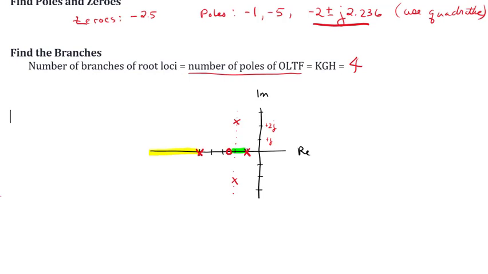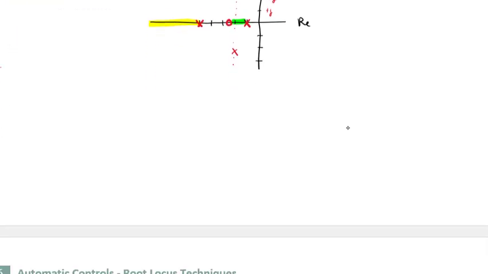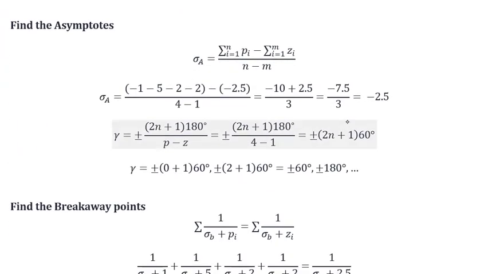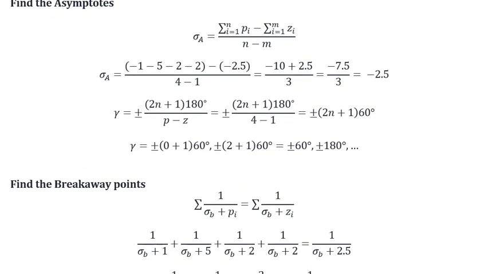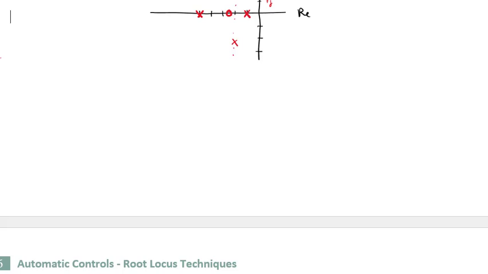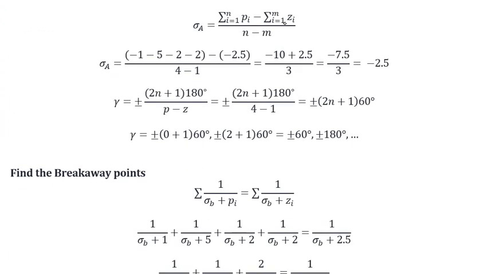Let's continue by finding the asymptotes and the breakaway points. So I'll scooch this up, and here are the asymptote formulas. There's the general formula, and then we've got 4 poles, one at -1, one at -5, and then notice that these are both -2.